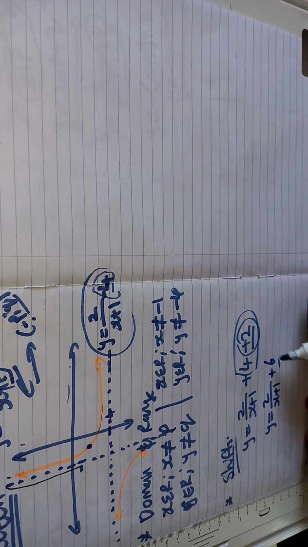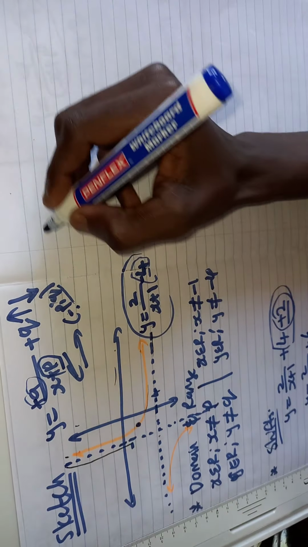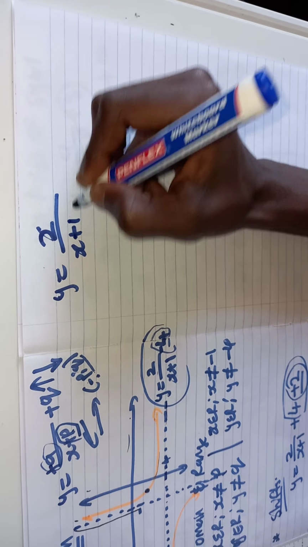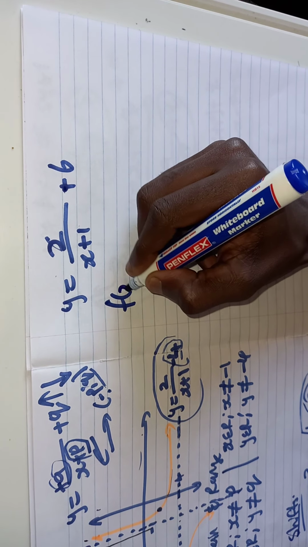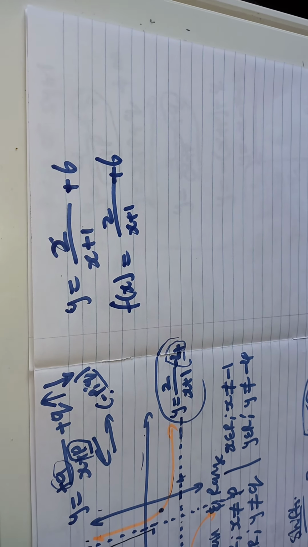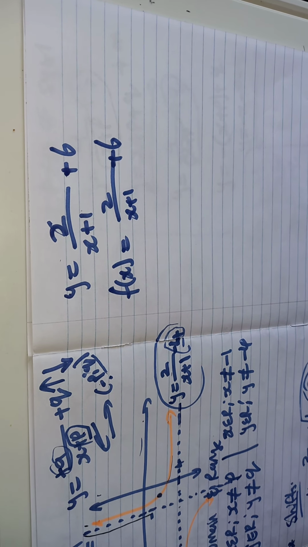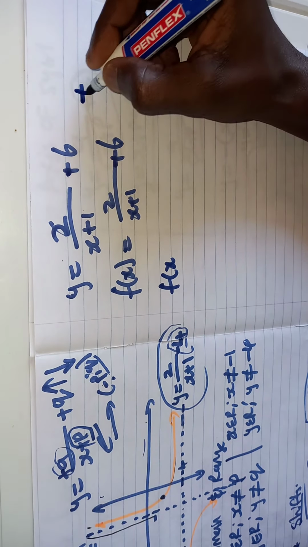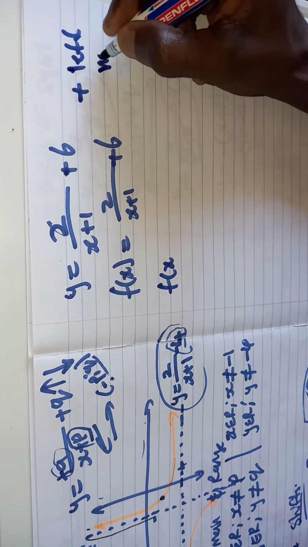For x, it's a bit more challenging, but we can try to explain it. Let me write it mathematically for you to understand: y equals 2 over x plus 1, plus 6. Say we shift 5 units left. Shifting 5 units left is like a positive, and right is like a negative.